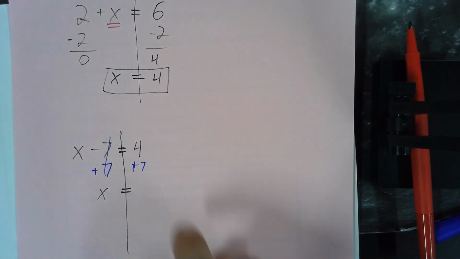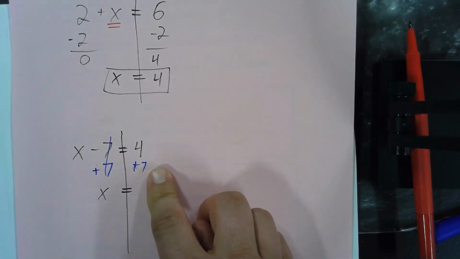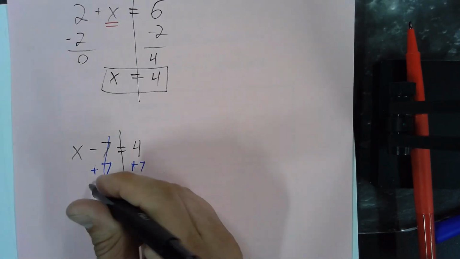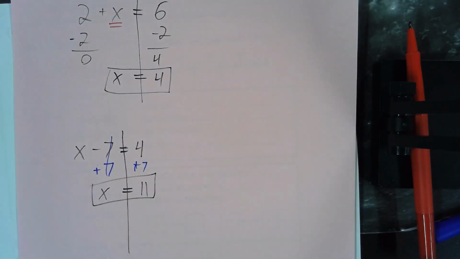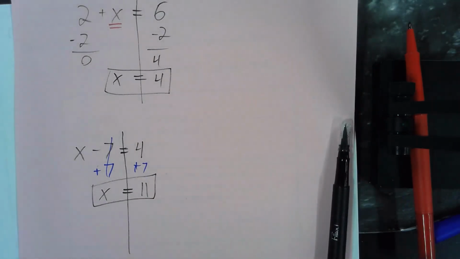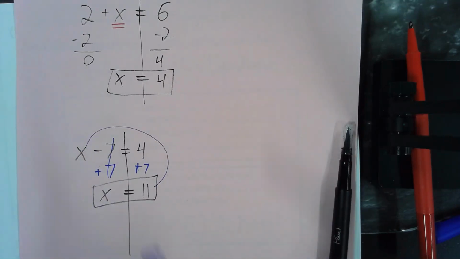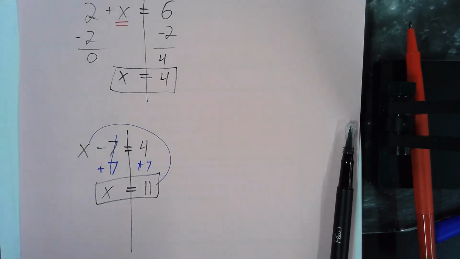Now I have to figure out what is 4 plus 7. 11, yeah. So x equals 11. And if you're not sure if you did everything right, just plug this value back up here. So 11 minus 7 equals 4. Yeah, that works.